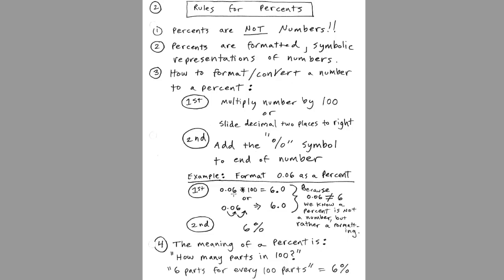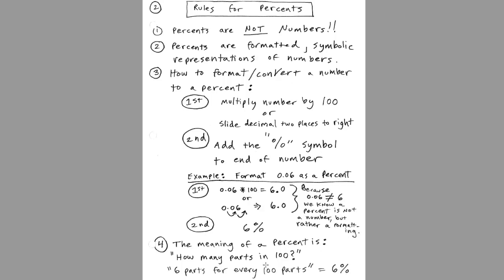So by hand, we either take 0.06 and multiply it by 100, or simply slide the decimals. We get a 6. Remember, 6 is not equal to 0.06. That's how you know this is not a number. It's just formatting it to represent that number. Once we get our 6, we add the percentage symbol. Remember, the meaning of percent is how many parts in 100.